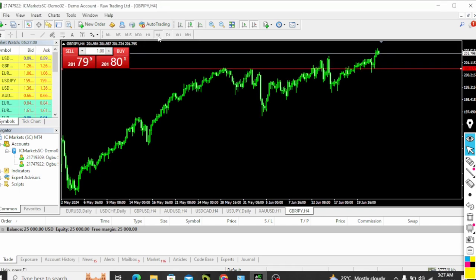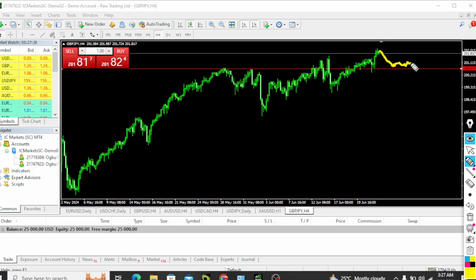On the 4-hourly time frame, you can see it very clearly. The pair has begun to reverse already. There's one bearish candle already there. So what I'm expecting is that the pair is going to make its move to the downside. From this region, that is when the buy is going to be definitely worth it.